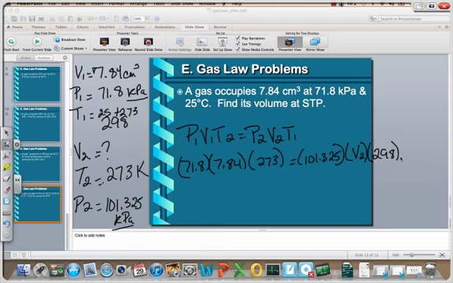All right, so now we need to simplify and then solve for V. So on this side right here, we're going to multiply everything out. 71.8 times 7.84 times 273 gives me this number right here, 153,674.976, is equal to, again, we need to simplify, 101.325 times 298.